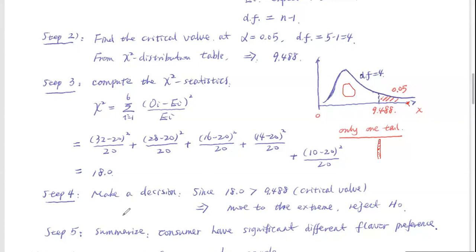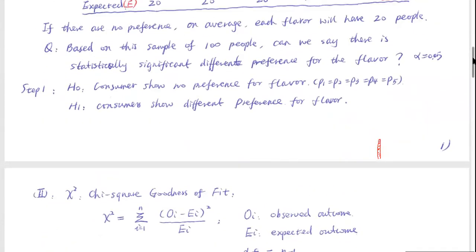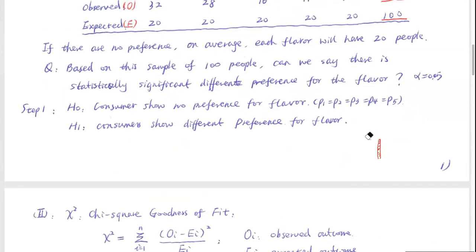So the conclusion here, right? Make a decision at step number 4: reject H0. Step number 5, right? Summarize using human language. When we say reject H0, what does that mean? Going back to here, reject H0 means H0 is not right.